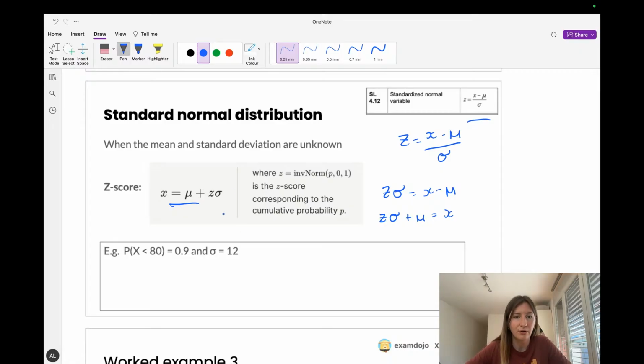All right, so we're going to be given certain values and we're going to need to use inverse norm. So just important to remember about a standard normal distribution is it looks like this. Every single one. This is the standard one. X is distributed normally with a mean of 0 and a standard deviation of 1. This is the universal standard.